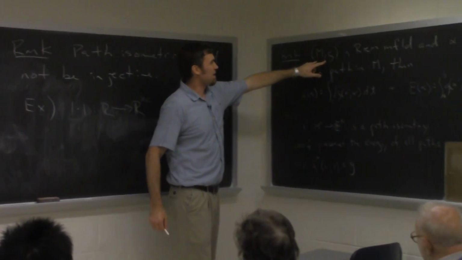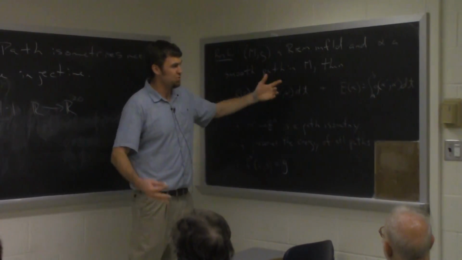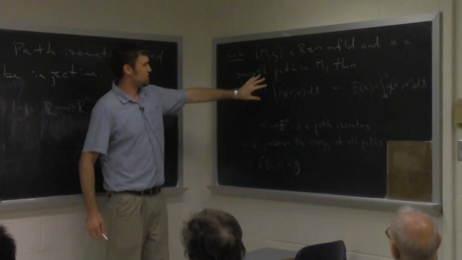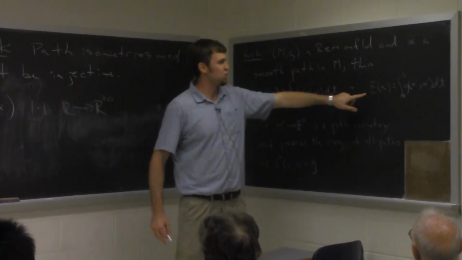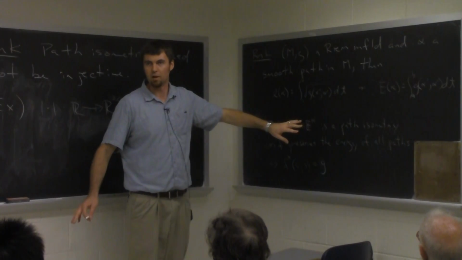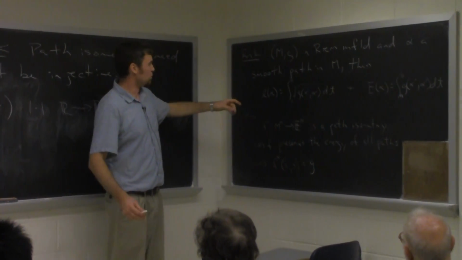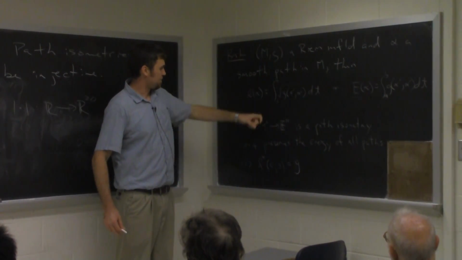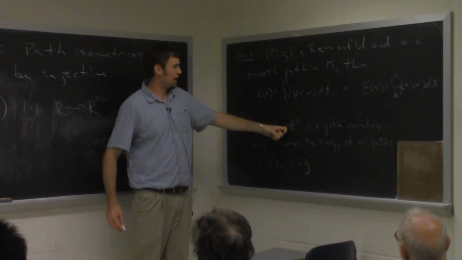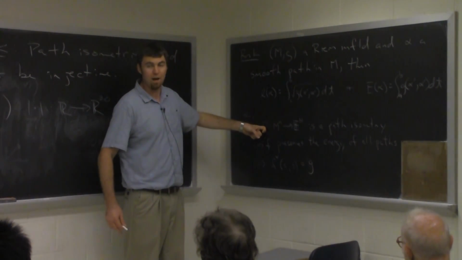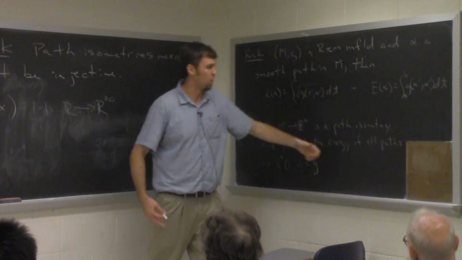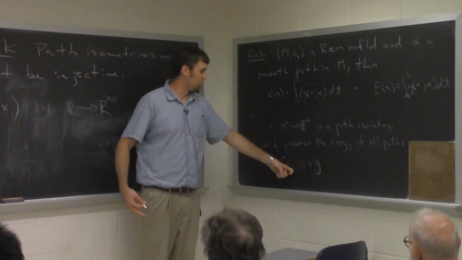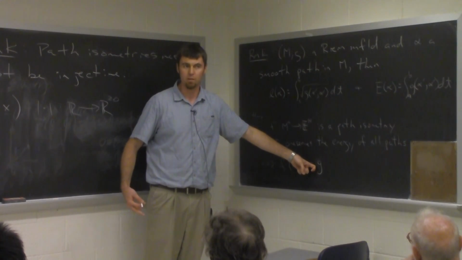If you have a Riemannian manifold and a smooth path in M, then you can define the length to be just the integral of your normal dot product square root, right? Everyone seen this. And then the energy, just erase the square root. And you can prove, it's not hard, that a map preserves the length of all paths if and only if it preserves the energy of all paths. The quantifier is important, of all paths. And that holds if and only if the pullback metric coincides with the intrinsic Riemannian metric.